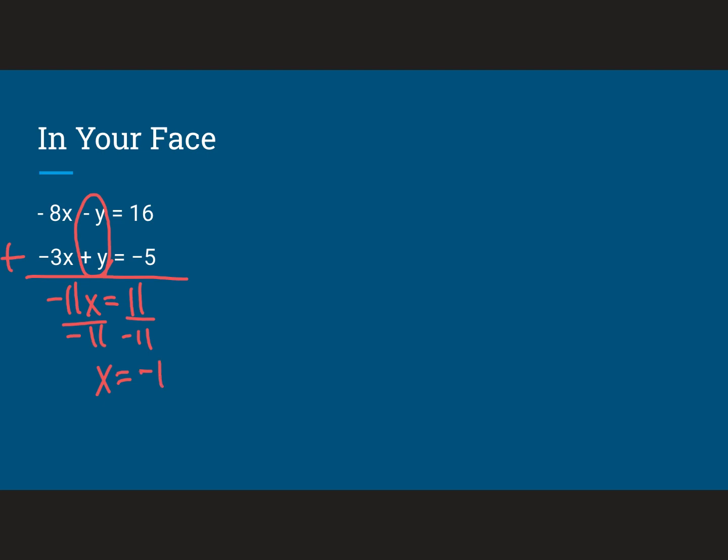So next, I'm going to put it into my equation. I'm going to use the bottom equation, although I could use either. So I have negative 3 times negative 1 plus y equals negative 5. Well, negative 3 times negative 1 is just 3. Plus y equals negative 5. So I'm going to subtract 3 from both sides.